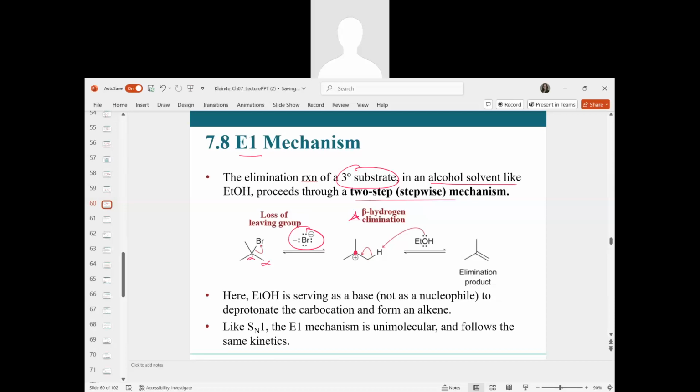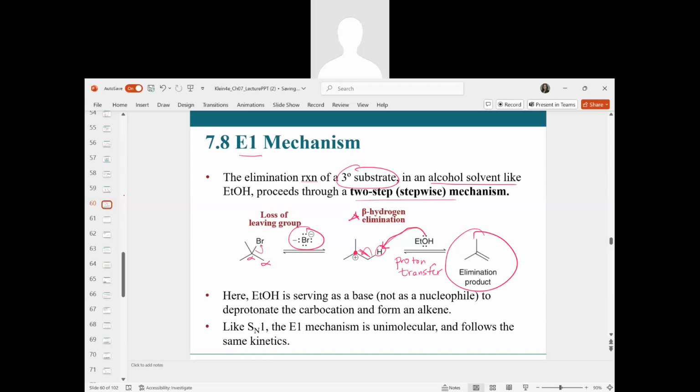Then on this carbon here, we have that beta hydrogen that a lone pair on our solvent will grab. We see that proton transfer here because of that neutral solvent acting as a base. We grab that proton, and then this double bond is created in our elimination product.